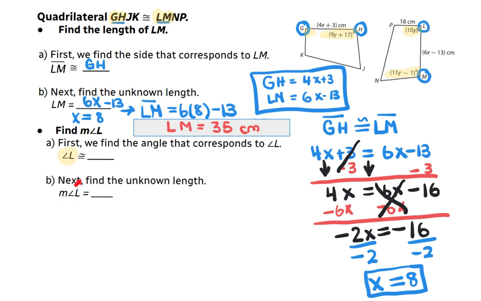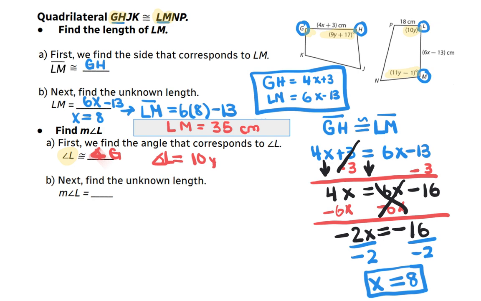So let's do that. We first know that the angle that corresponds to L is G. So let's write that down. Angle L is congruent to angle G. All right. And so we know that angle L is equal to 10y. That's angle L. But we don't know what y is.